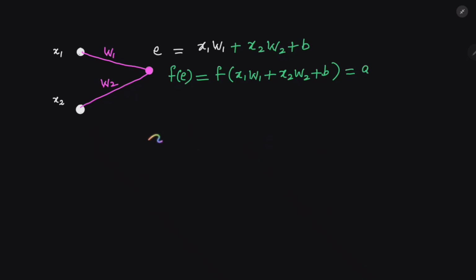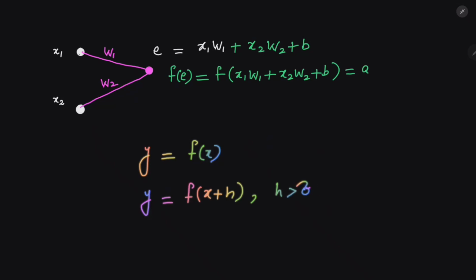In calculus, if we have a function y is equal to f of x, and if we add anything in the input, x plus h, and h is greater than 0, if plus is added and h is positive, then the function will move towards the left.